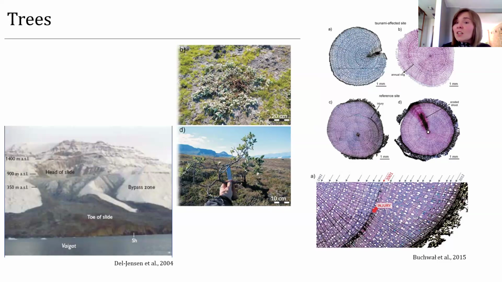And they see clear injuries, clear marks of this event, in the growth rings of these shrubs from the site impacted by this landslide. So it can be used as an additional method for dating and for reconstructing events like that.